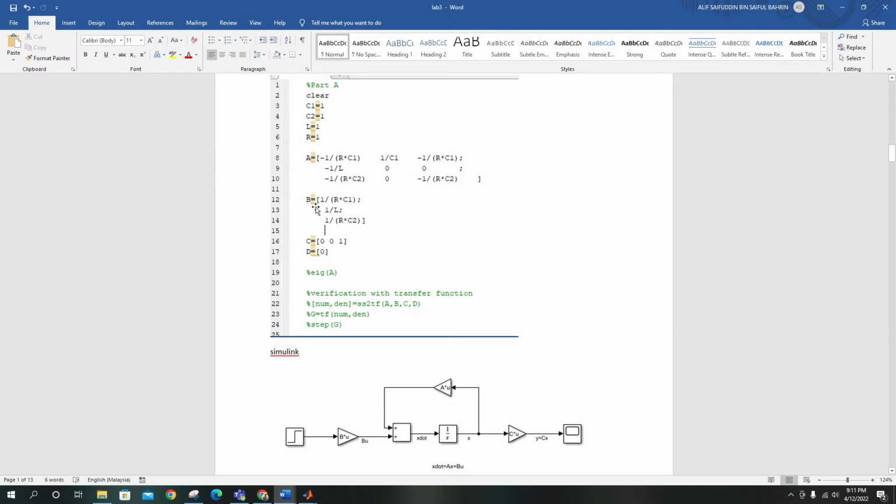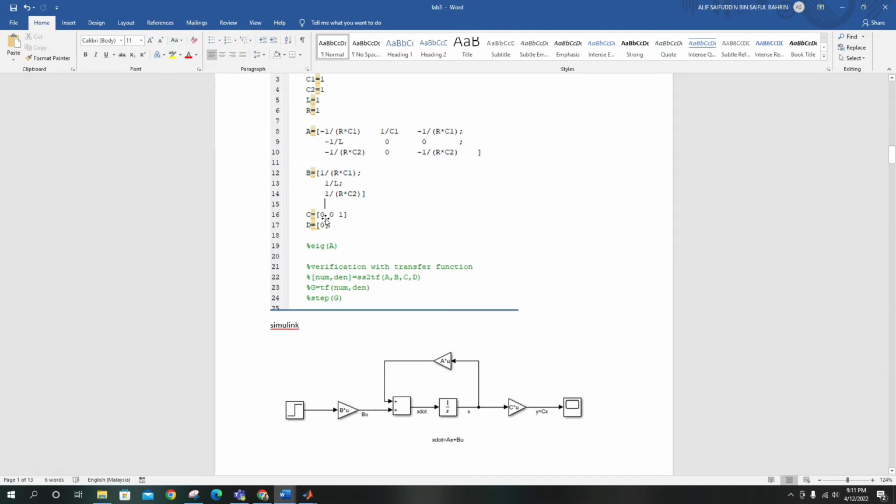We declare B, which is 1 over R times C1, 1 over L, and 1 over R times C2, and C, which is 0, 0, 1. D has no input, so we assume 0.